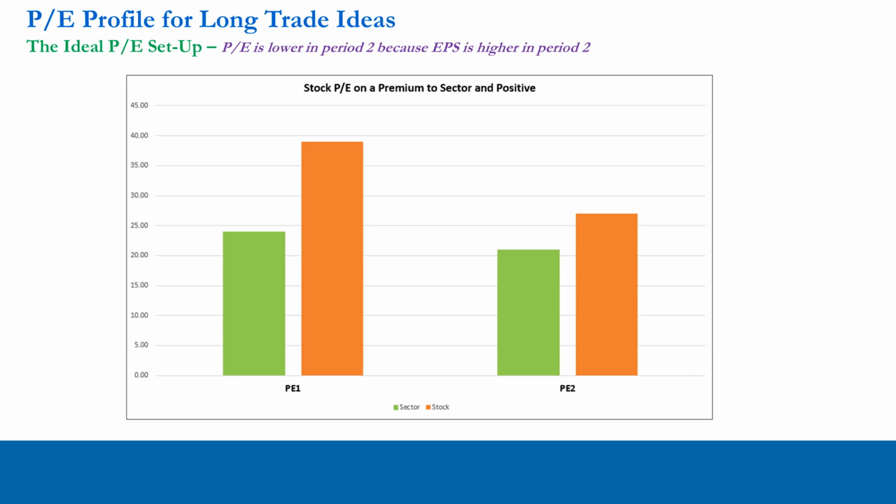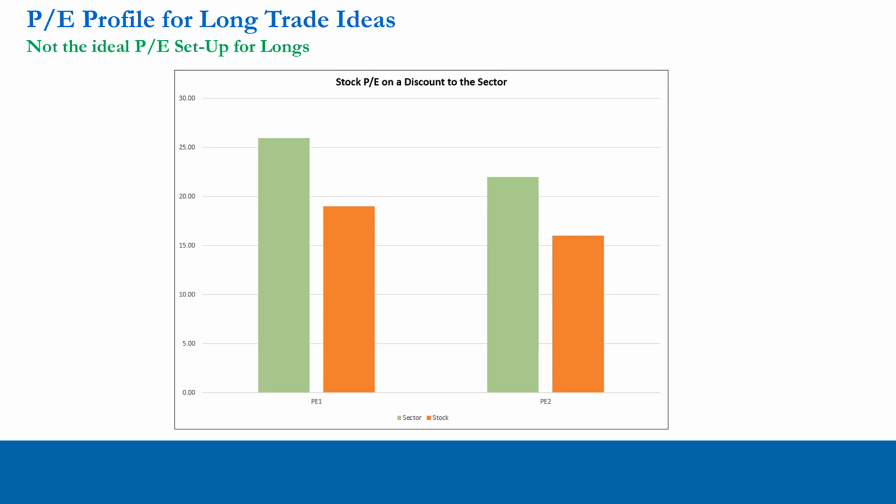What is not ideal from a PE profile perspective when we're looking at long trade ideas, the backdrop we don't want to see, is when we have a lower stock price earnings ratio than the sector in both periods.